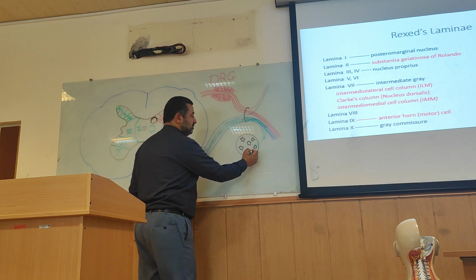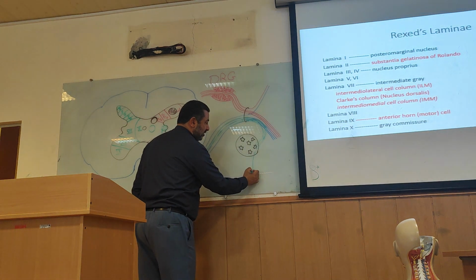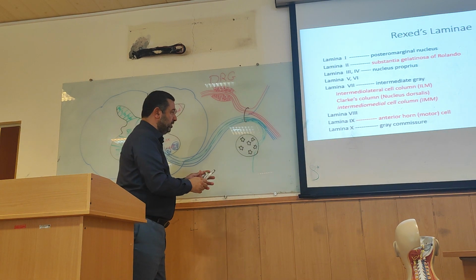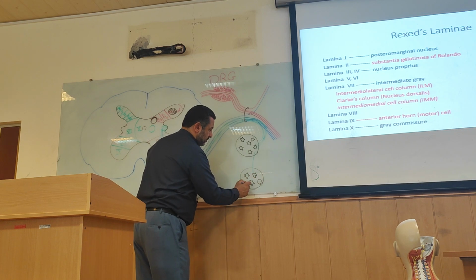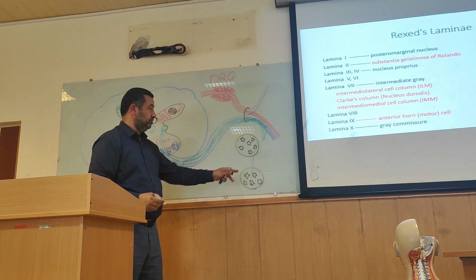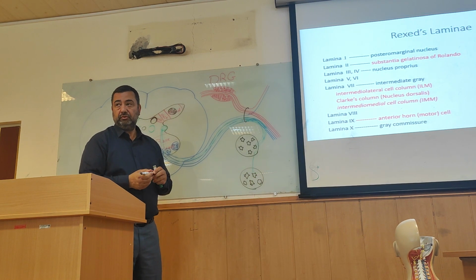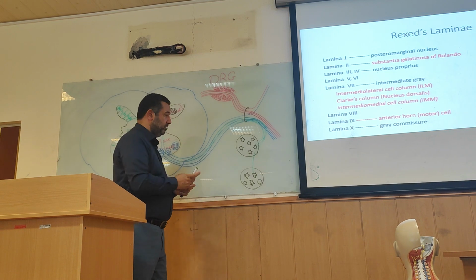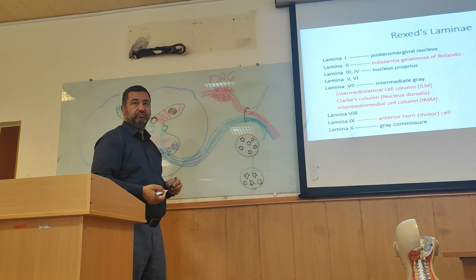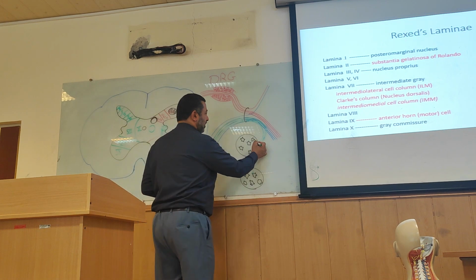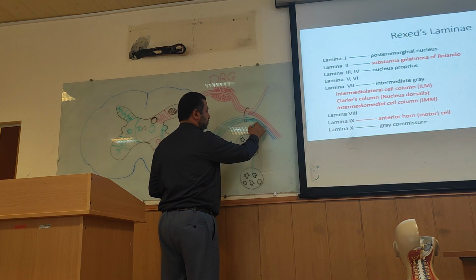And some fibers descend to the inferior ganglion, one or two ganglia inferior to this segment, and make synapses there, or ascend to the superior ganglion.